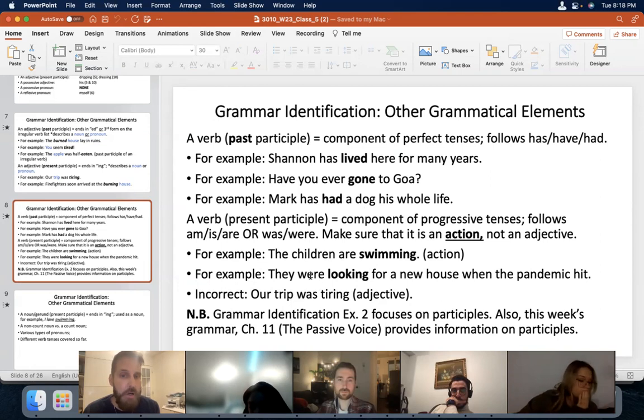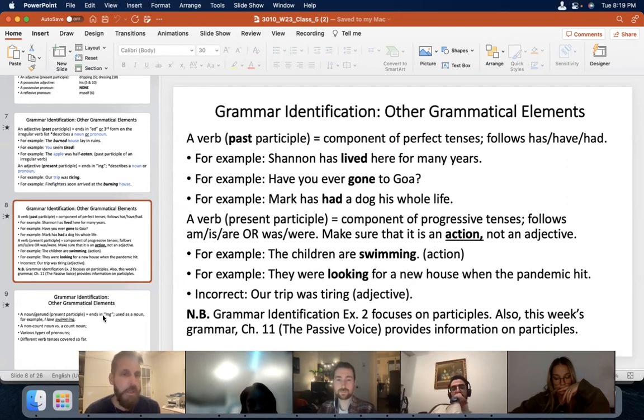You might think, oh, were looking was tiring. That is present participle used as a verb, but no. This one is an adjective. Okay? Normally, the verbs are going to be logical for you. Like, they were looking for a new house. It's logical that this is a verb. The children are swimming. You have no noun after, so it's logical. This present participle is used as a verb.